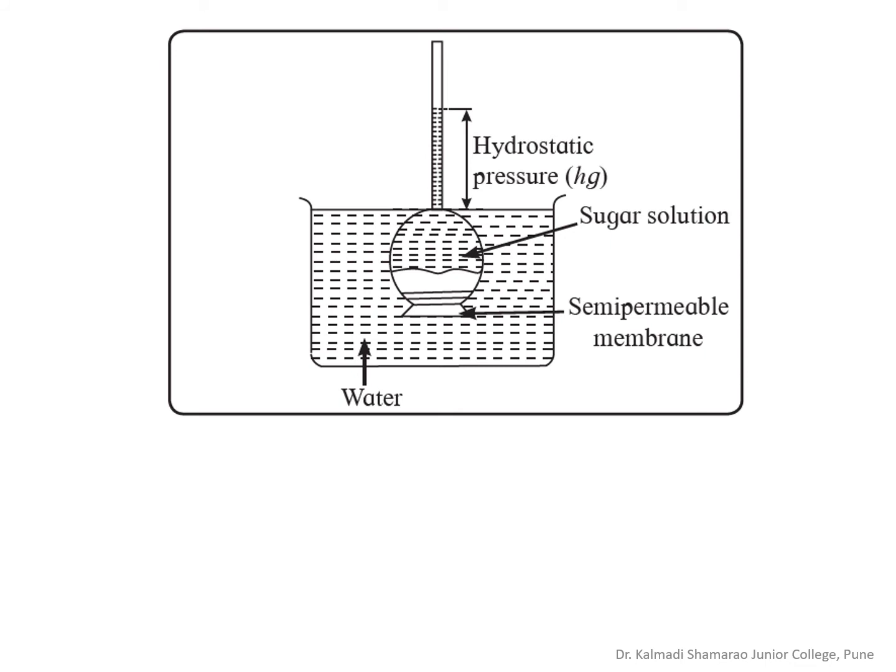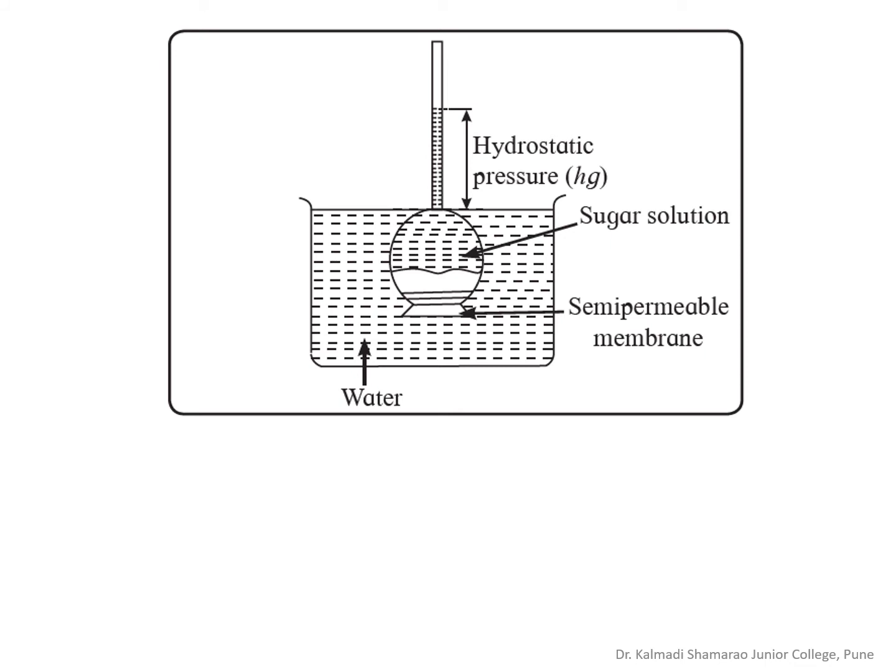The liquid column in the tube creates hydrostatic pressure that pushes the solvent back through the membrane into the container. The column of the liquid in the tube continues to rise and eventually stops rising. At this stage, hydrostatic pressure developed is sufficient to force the solvent molecules back through the membrane into the container at the same rate as they enter the solution.